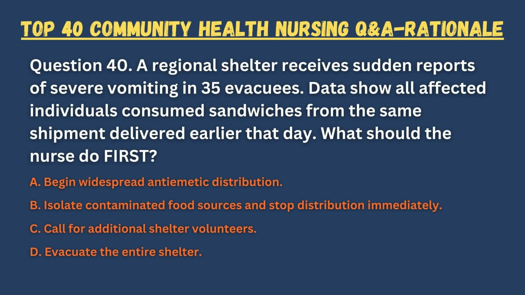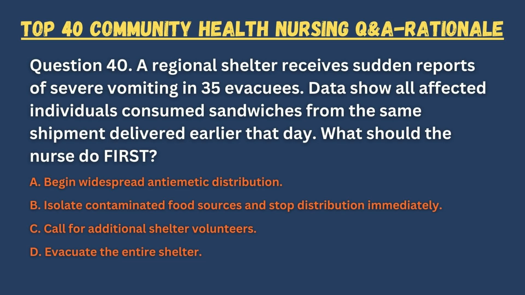Question 40. A regional shelter receives sudden reports of severe vomiting in 35 evacuees. Data show all affected individuals consumed sandwiches from the same shipment delivered earlier that day. What should the nurse do first? A. Begin widespread antiemetic distribution. B. Isolate contaminated food sources and stop distribution immediately.